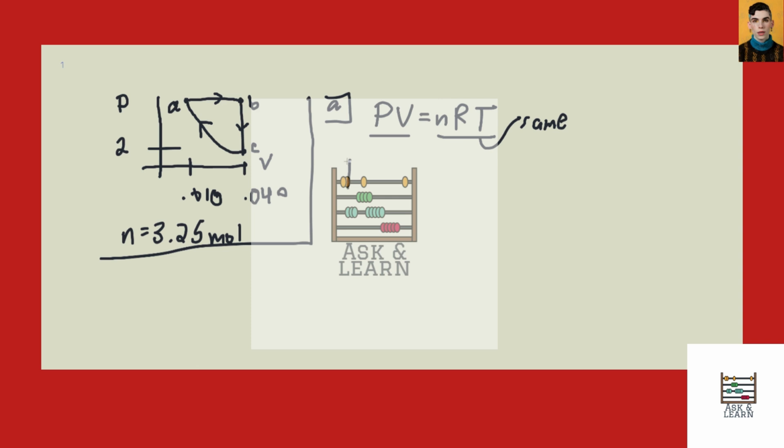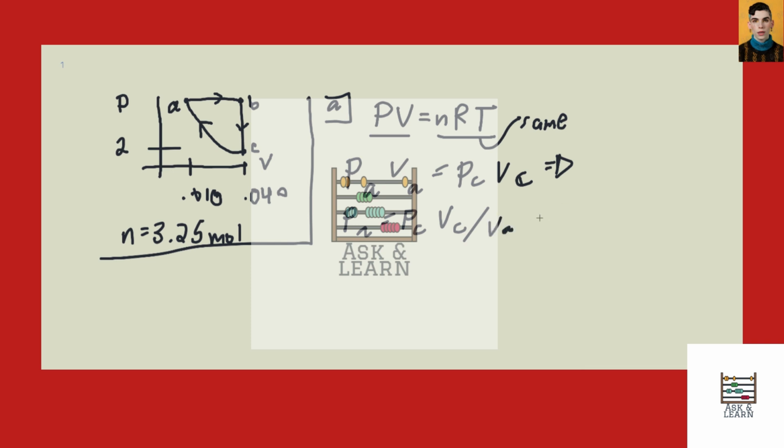So therefore, you can say PAVA equals PCVC, and that implies that PA equals PC times VC over VA.